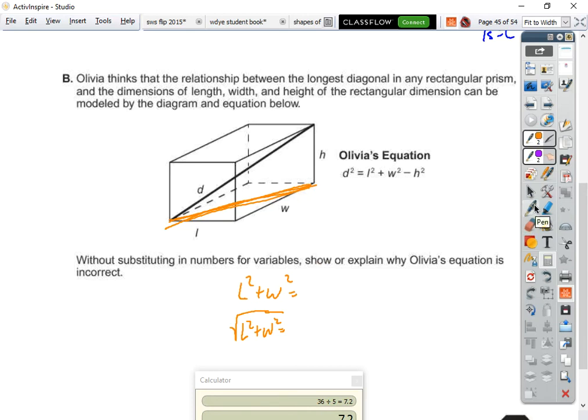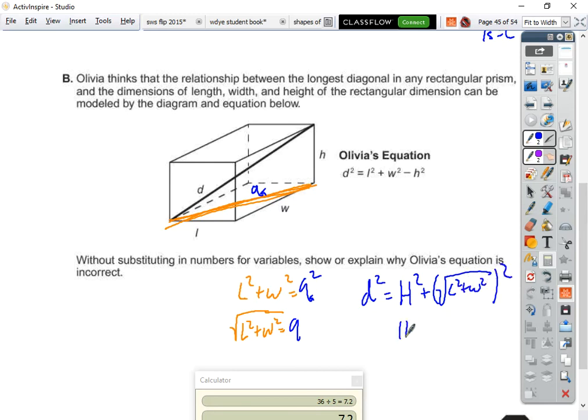So let's call this Q. So that's equal to Q. So then we could go on and say that D squared is equal to H squared plus the square root of L squared plus W squared, squared.